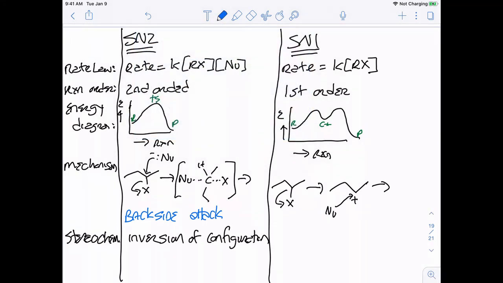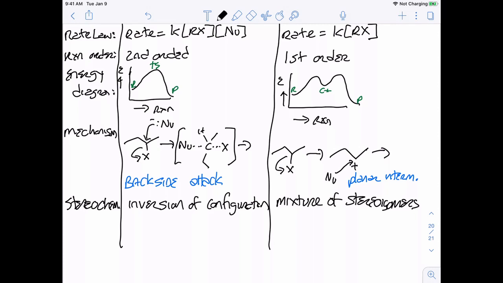This one, kind of our special note, is we have a planar intermediate. So from a stereochemistry standpoint, if it's chiral, we get a mixture of stereoisomers. If it only has one chiral center, it's generally going to be a pair of enantiomers.